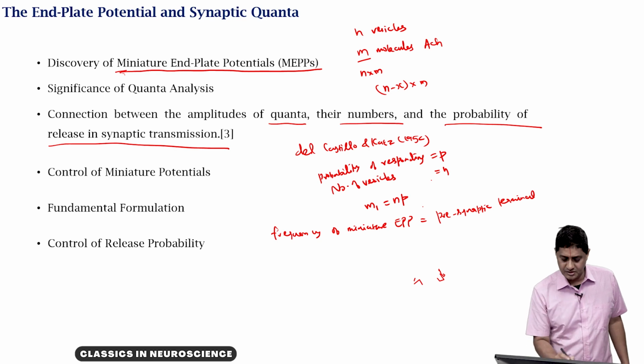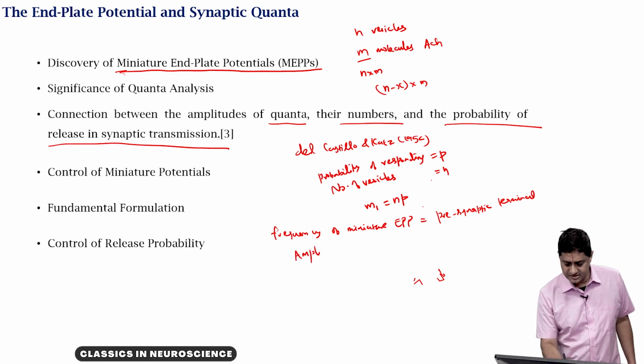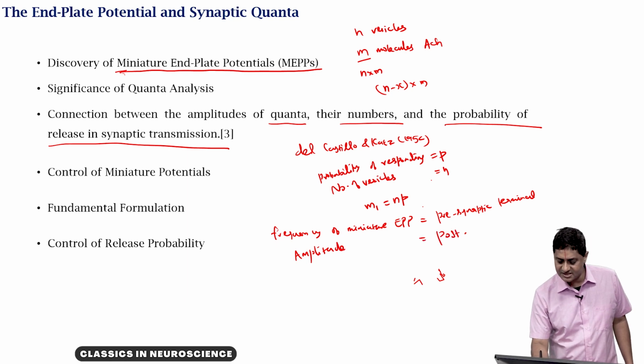The amplitude of the response is controlled by what happens at the post-synaptic terminal.